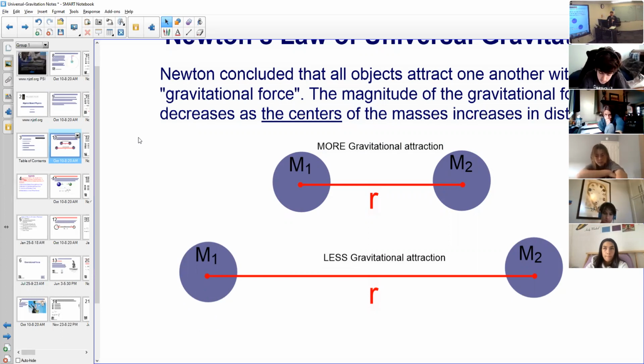So if you look at these two pictures, you may want to jot something down about this in your notes: the farther they are apart, the weaker the attraction. Probably pretty logical, but good to have written down, or at least committed to memory. And that the attraction is based on how far apart their centers are, not the surfaces.